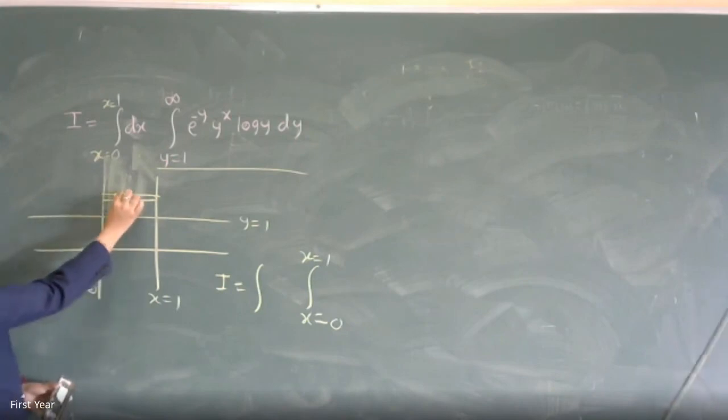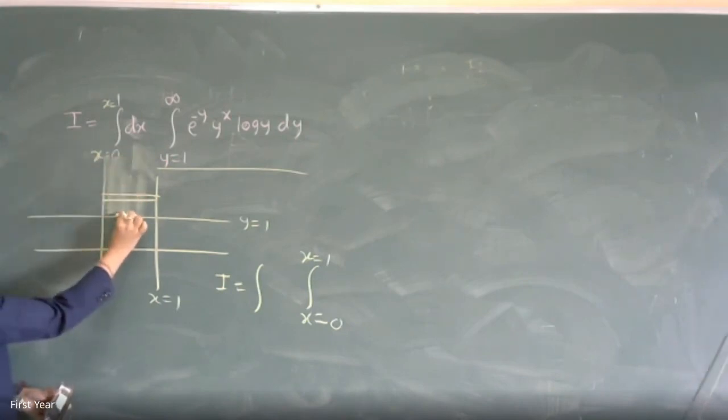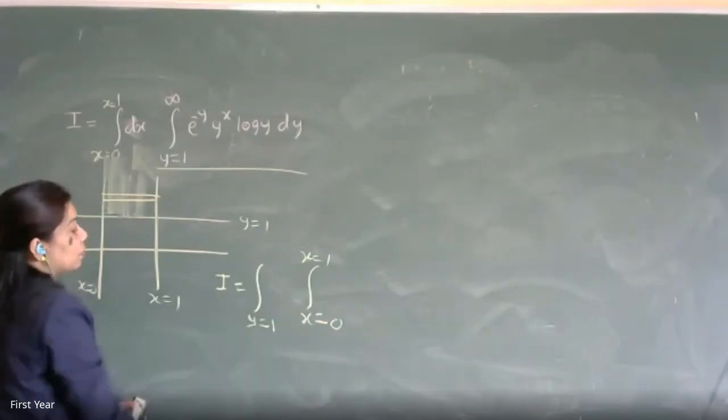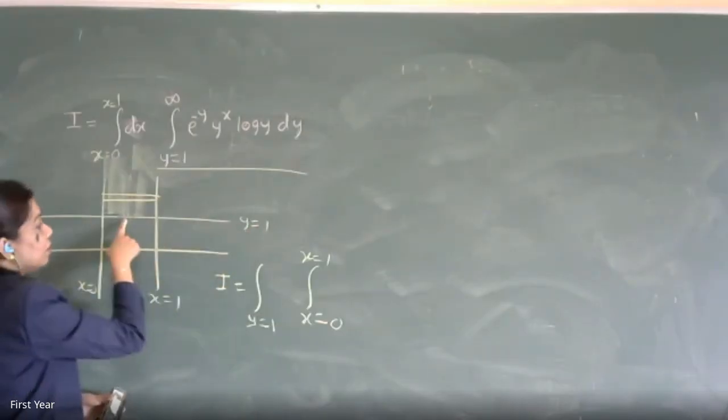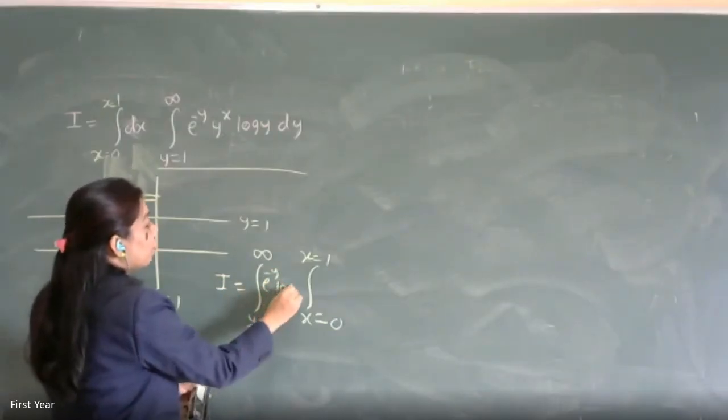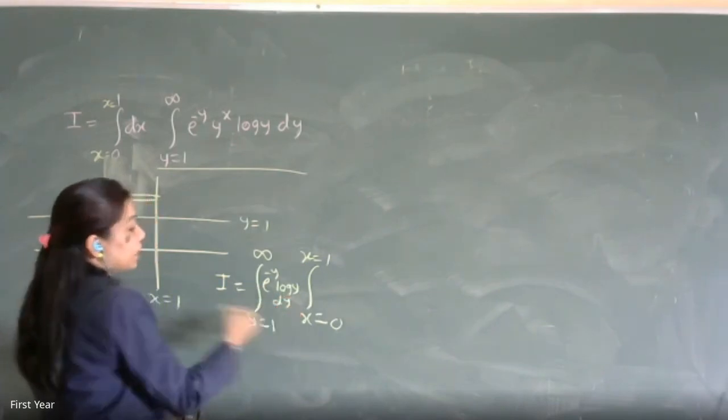जब ये horizontal strip हम लोग vertically move करेंगे, what is the lower limit of y? 1. ये horizontal strip यहाँ से ऊपर कर देंगे. So y is equal to 1 और ऊपर infinity. Okay, e raised to minus y and log y is constant, so I am writing it outside.